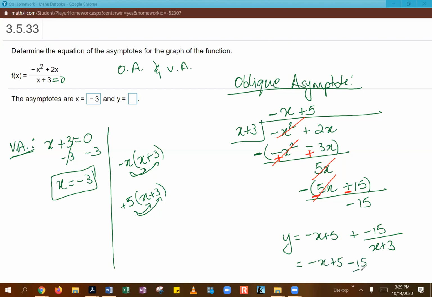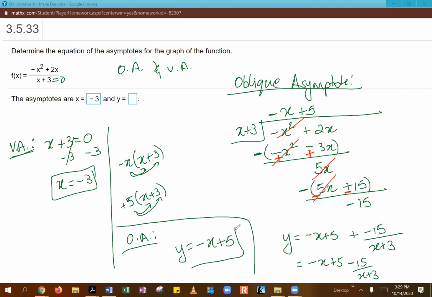But unless they ask you to, you don't have to write it like this. We're only interested in the oblique asymptote, and our oblique asymptote actually comes from the quotient. Our quotient here is negative x plus 5, and that's what we need for our oblique asymptote.